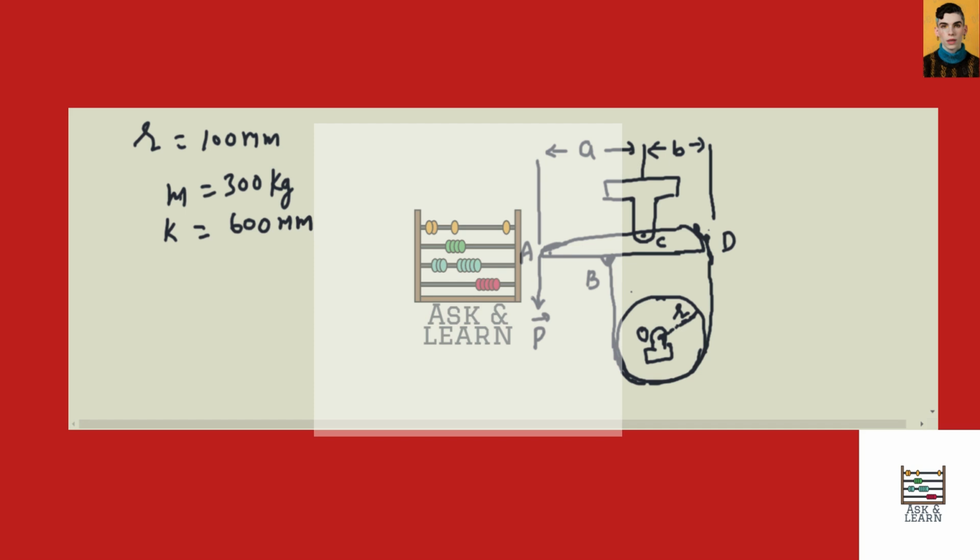The coefficient of kinetic friction between the brake band and the drum is given as 0.3.